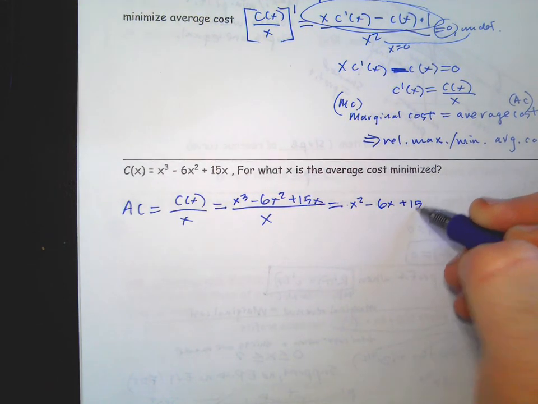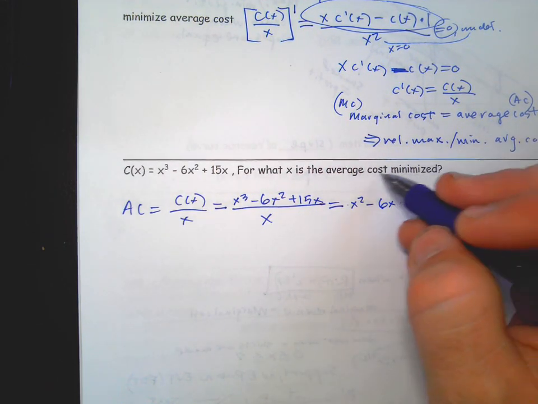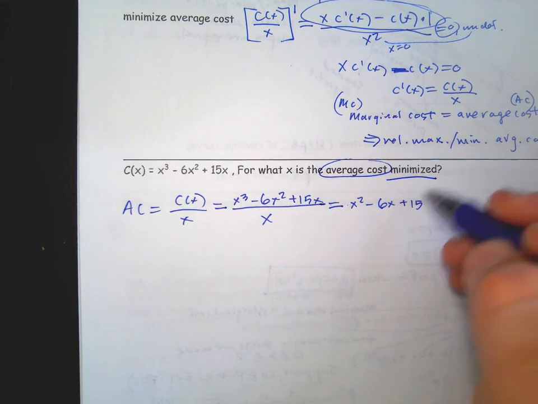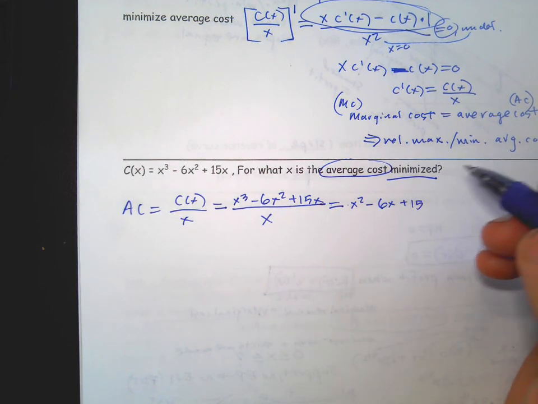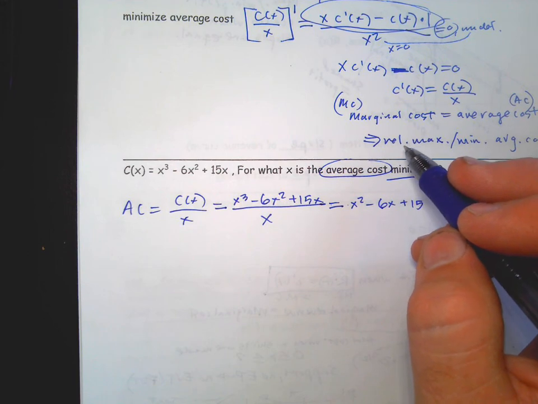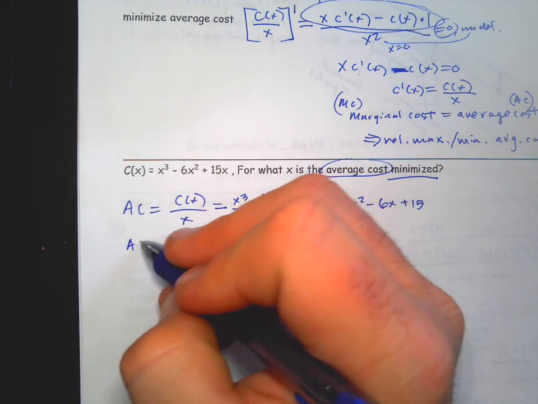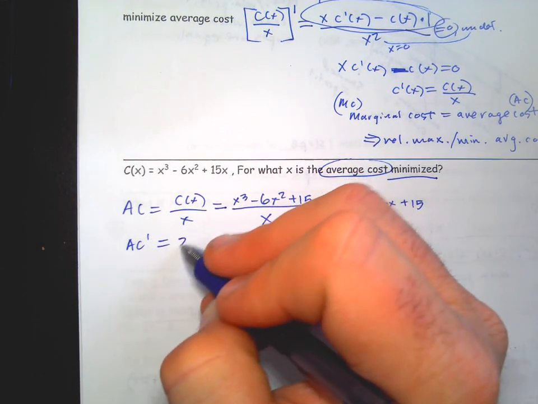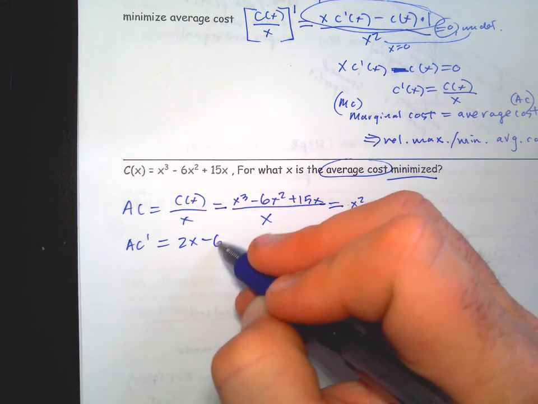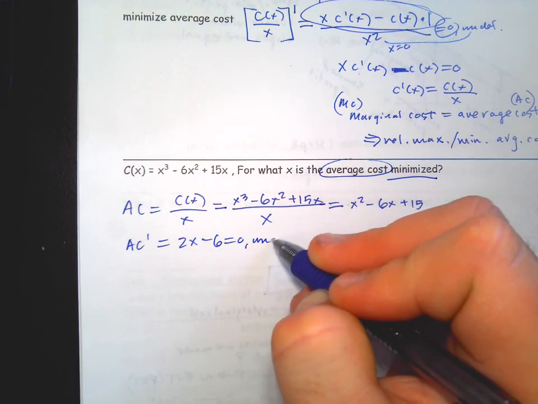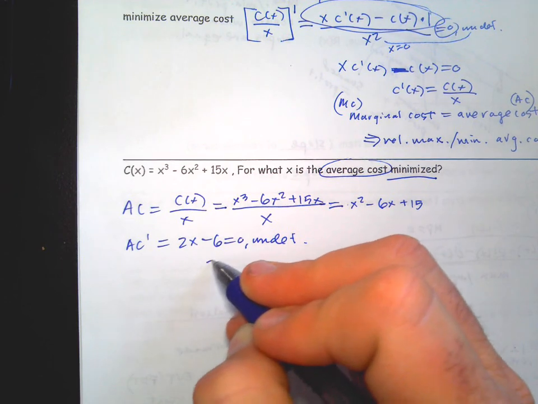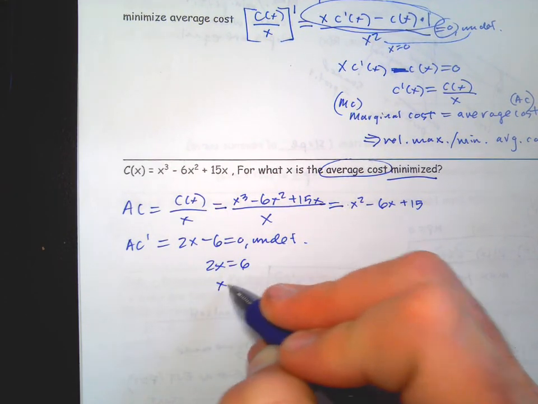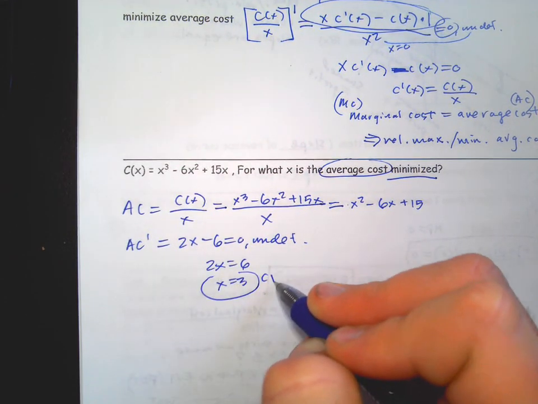We get a function. So average cost minimized, we just want to do the first derivative test on this. So we do AC prime, which is 2x minus 6. We're going to set it equal to 0 and solve. 2x equals 6, x equals 3. So this is a critical point.